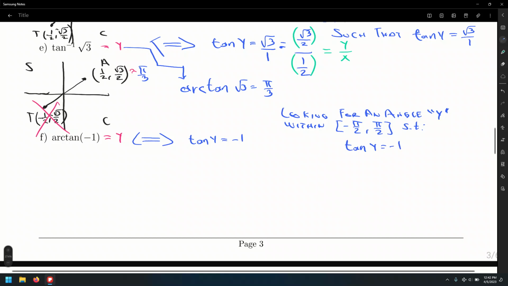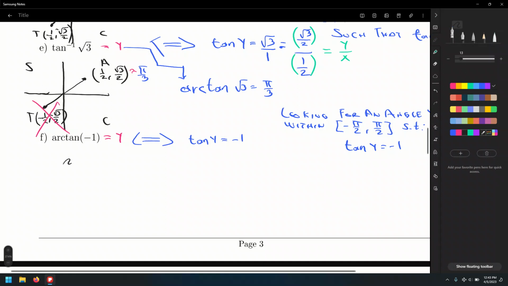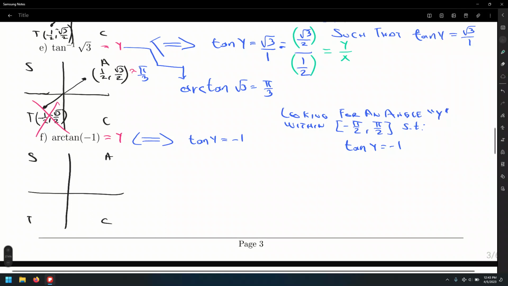And again, Cartesian plane. All students take calculus again. And which quadrants have this time the tangent function rather negative?